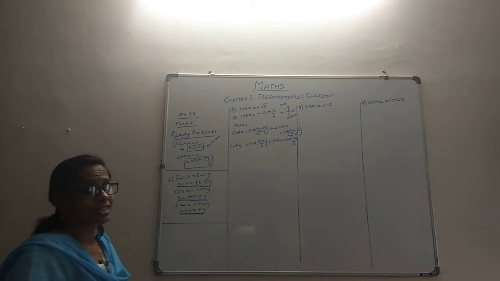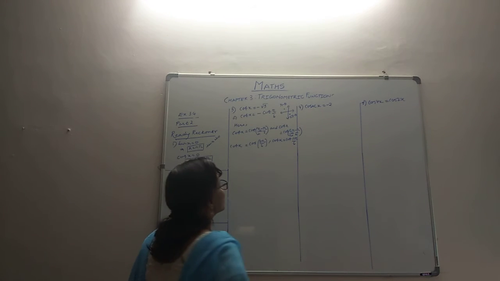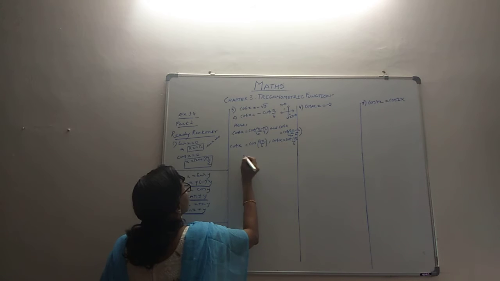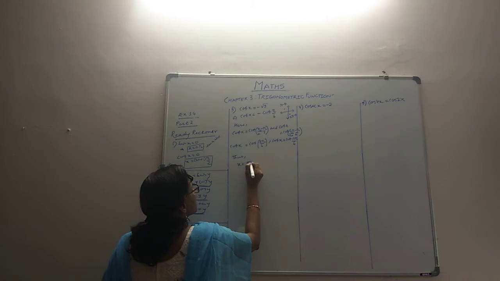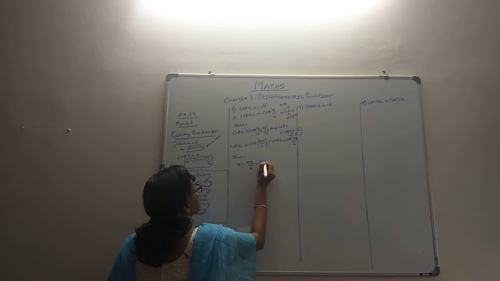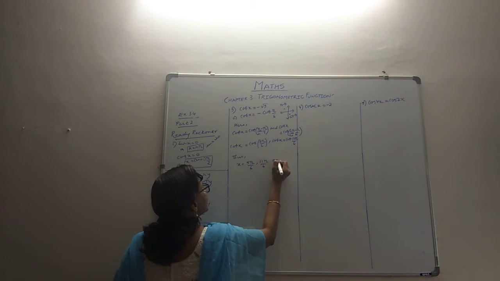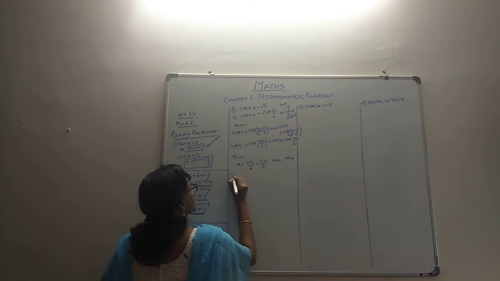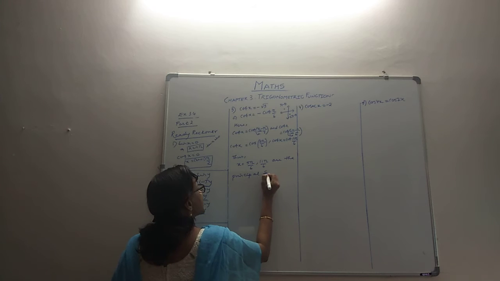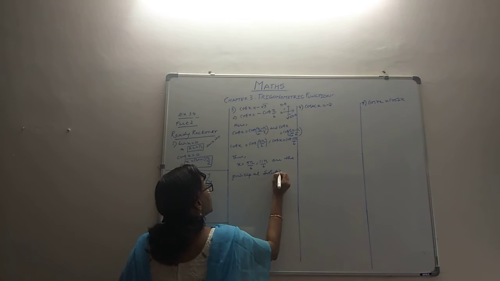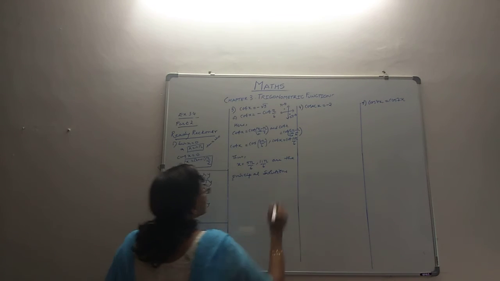So it gives you your principal values. Therefore you can say x equals 5 pi by 6 and 11 pi by 6 are the principal solutions. Please check how the working is.